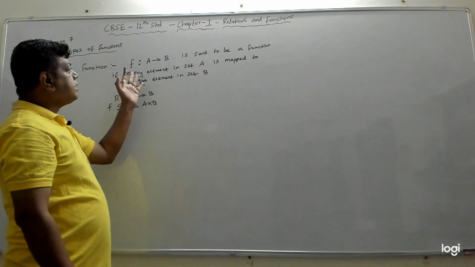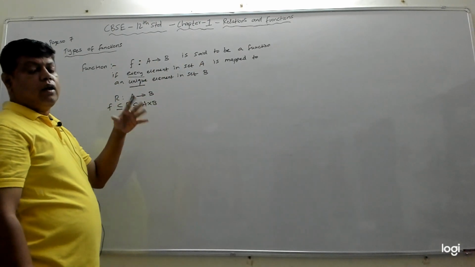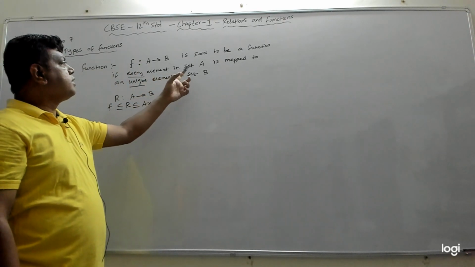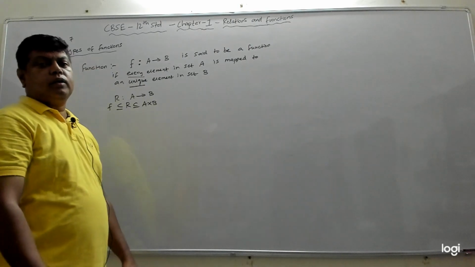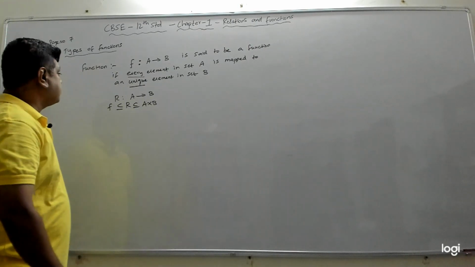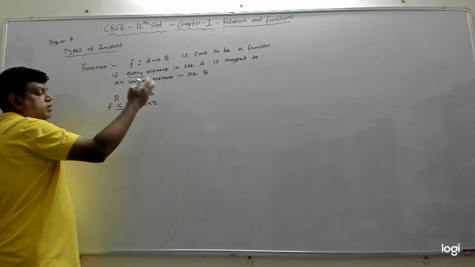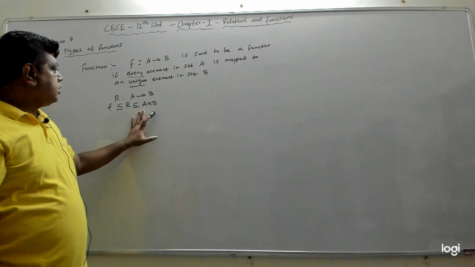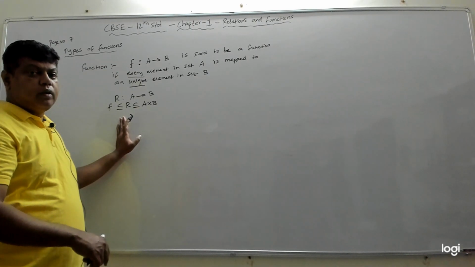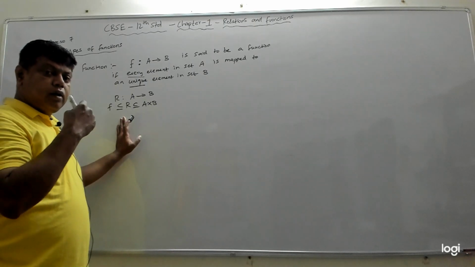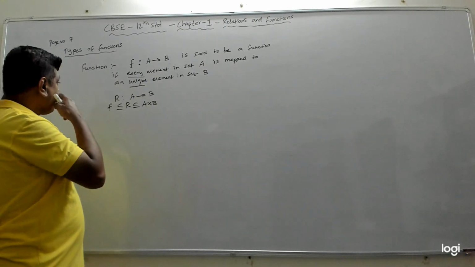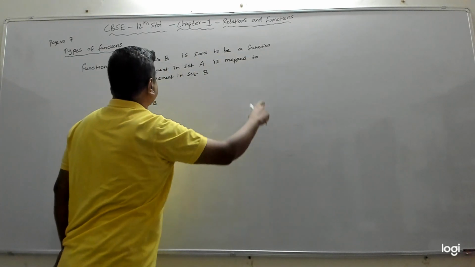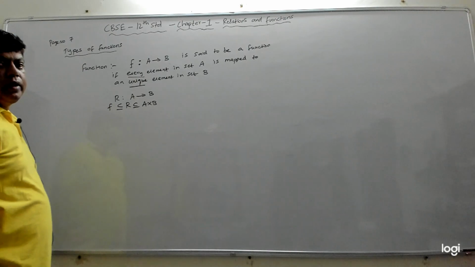A relation becomes a function if it satisfies this condition. If every element in set A is mapped to a unique element in set B, then we call the relation f a function. A function is always a relation, and a function is also a subset of A cross B.